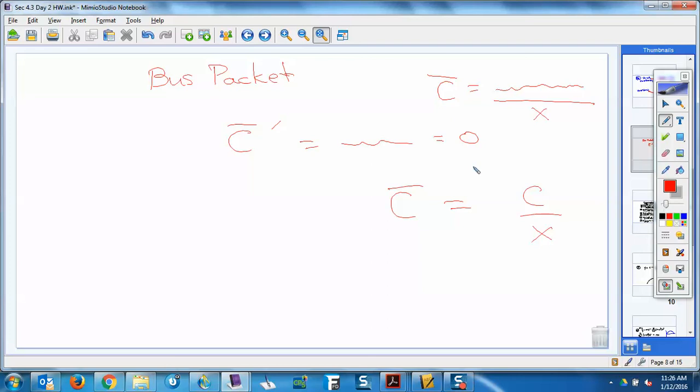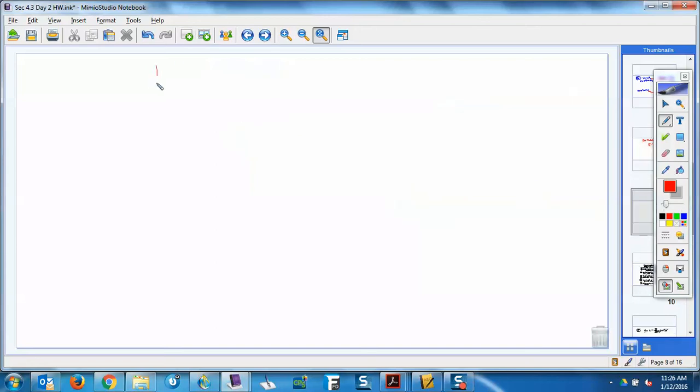All right, so what your assignment is then, in the business packet, we're going to do the rest of the circled problems. So when I say finish the business packet, I'm talking about the circled problems. We already did 3 and 8.